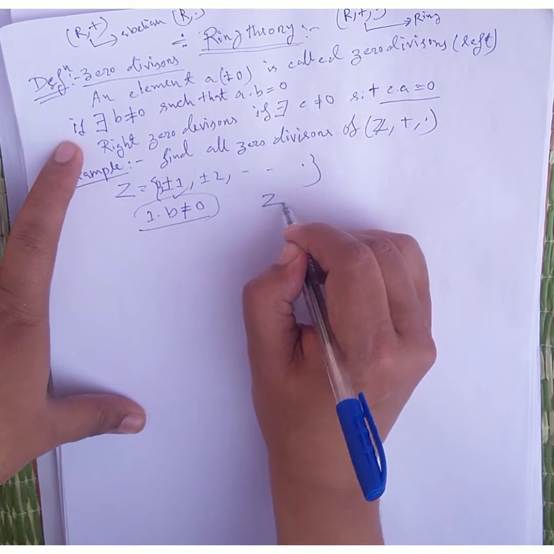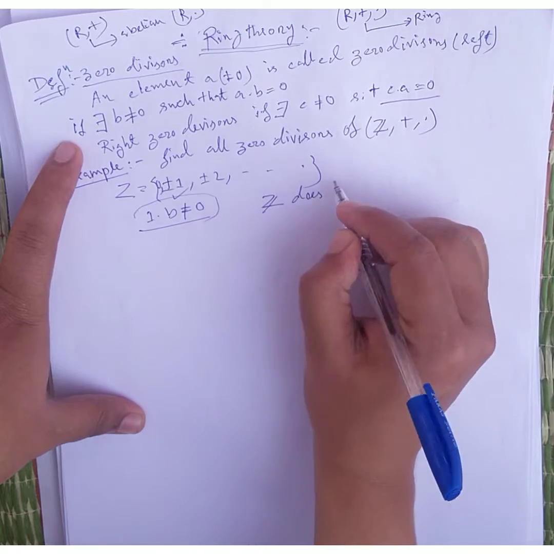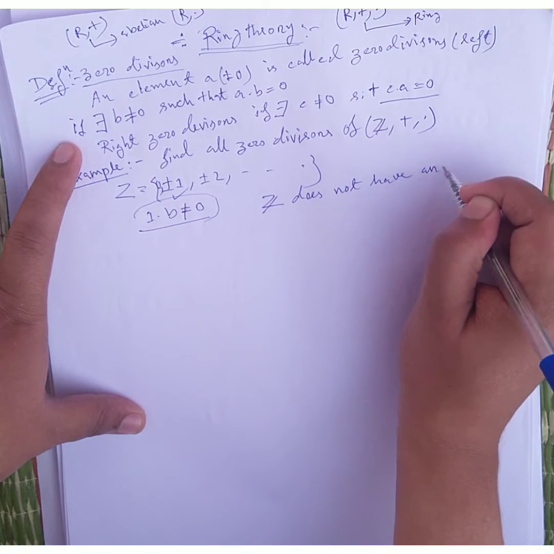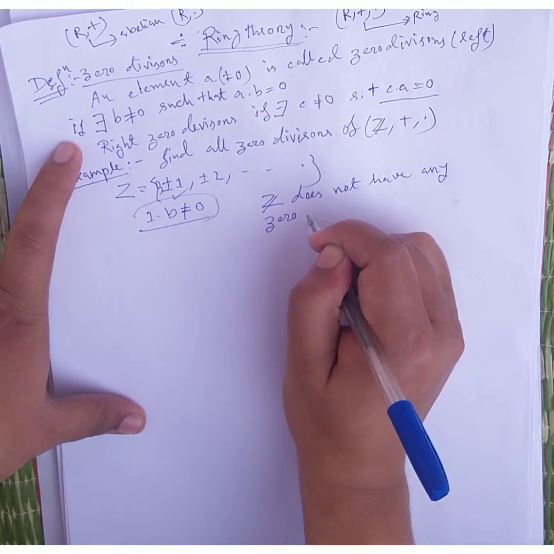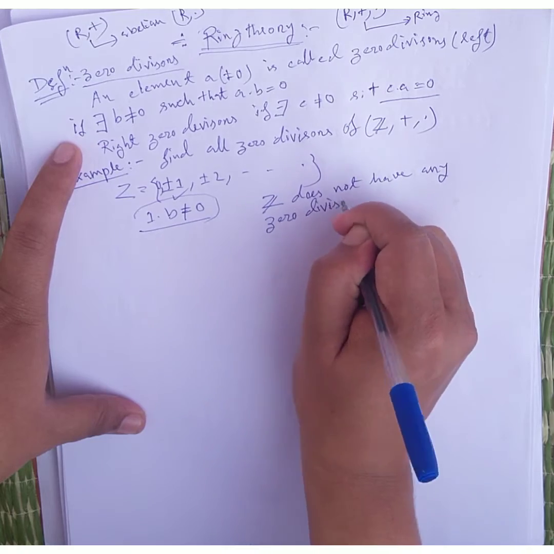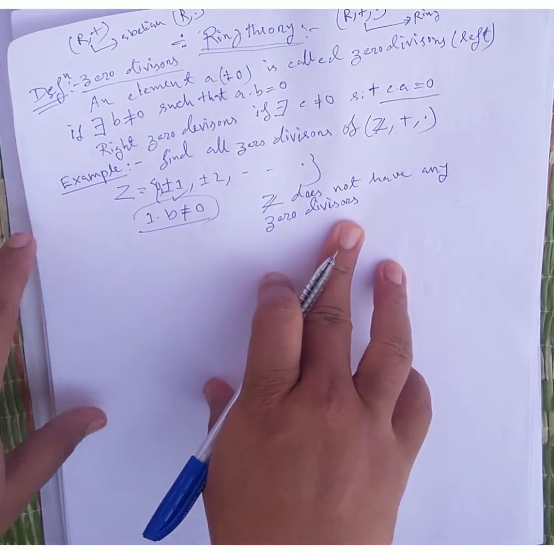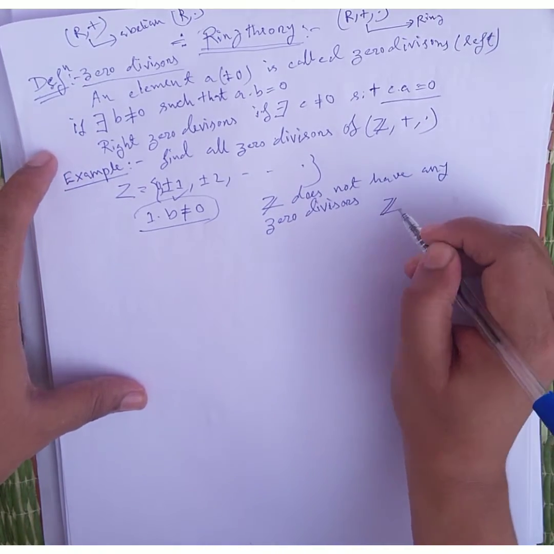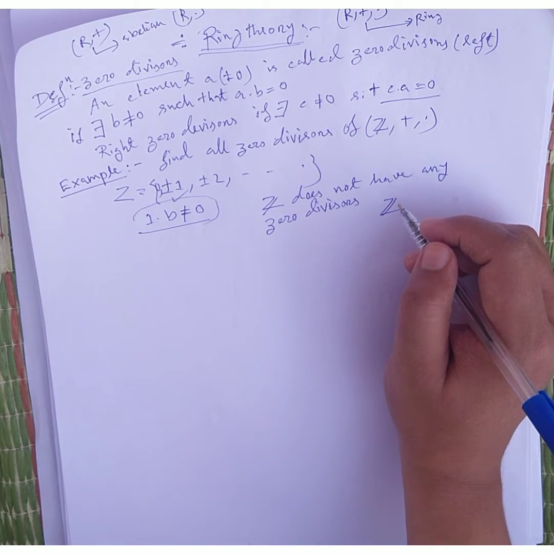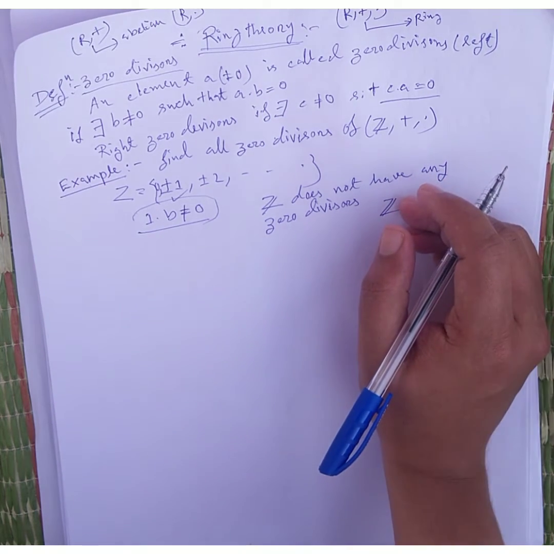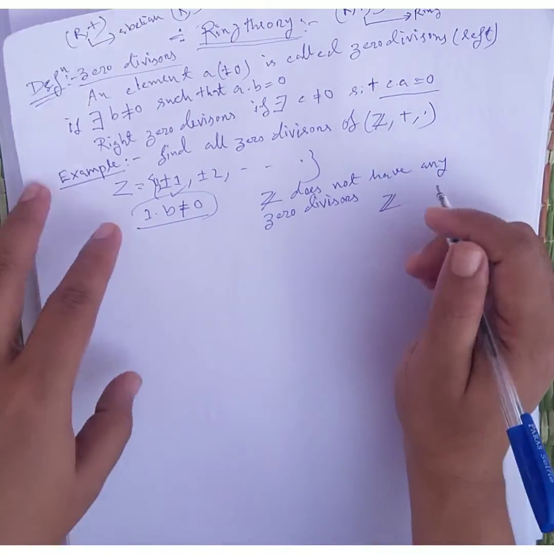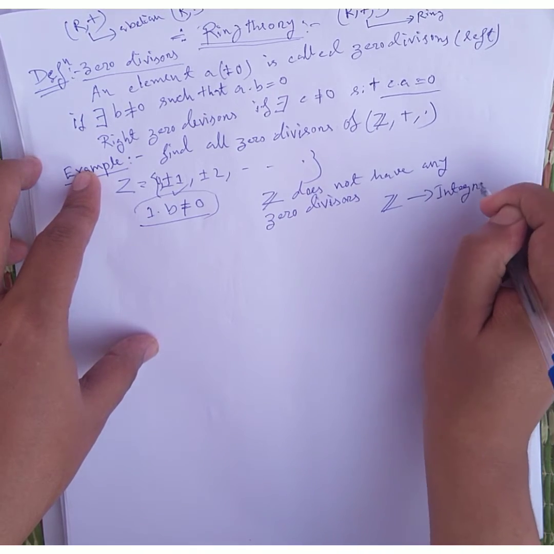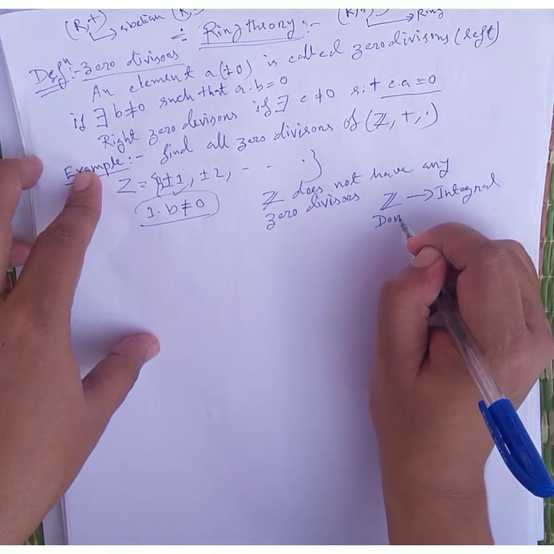So Z does not have any zero divisors. Since it has no zero divisors, Z is called an integral domain.